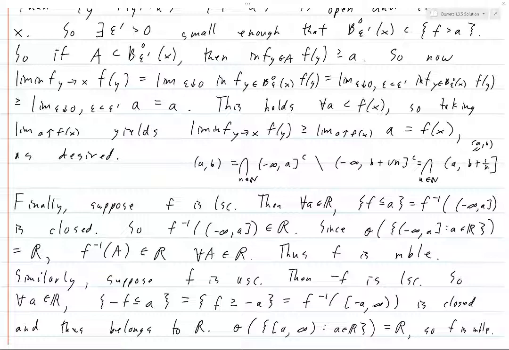Alright, and yeah, that's all we need to prove. There are some details here that I left out, well, no, I went through this detail of why this is a generating set. But yeah, this is how you do this exercise, and this is an introduction to lower semi-continuous functions, and so now we are done.